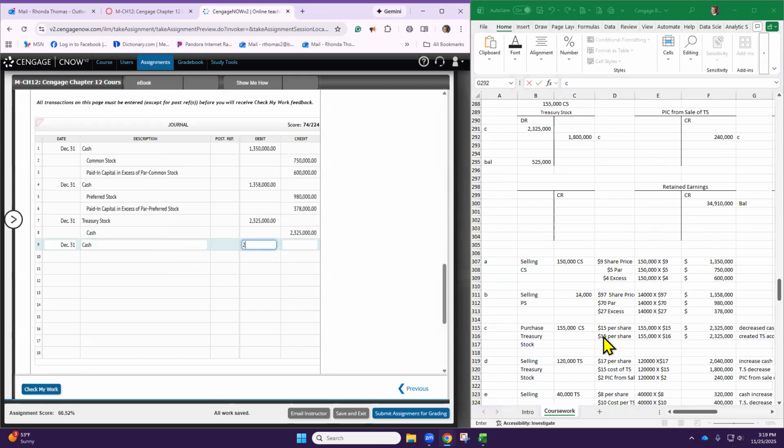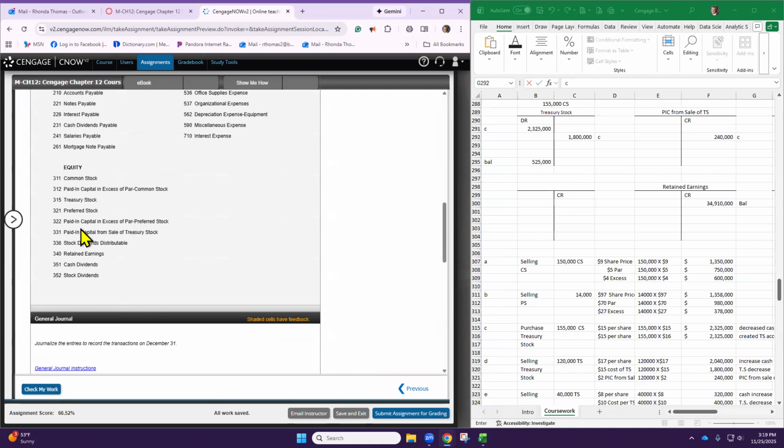The cash is $2,040,000. Okay, and treasury stock will go down because we're selling it. Okay, but we can only subtract it based on its cost. Okay, so let me put treasury stock. And then we want paid in capital from sale of treasury stock.